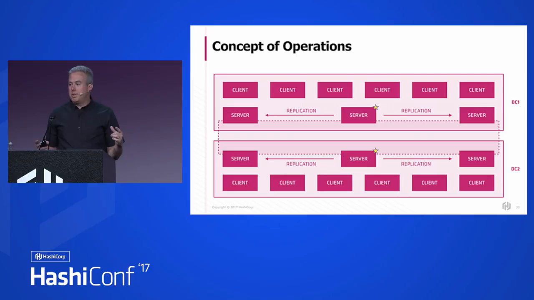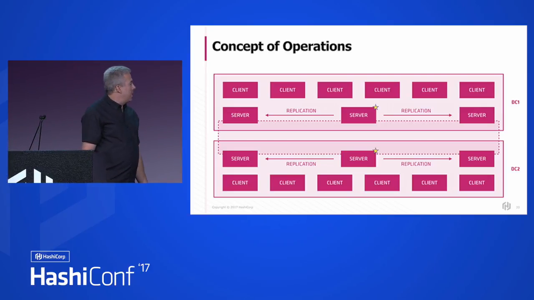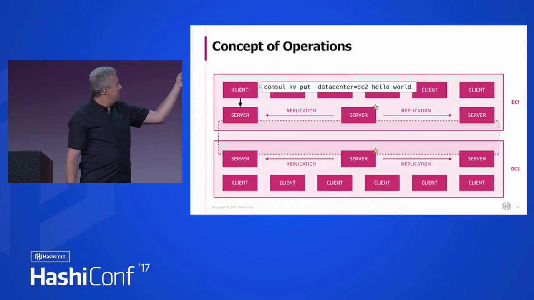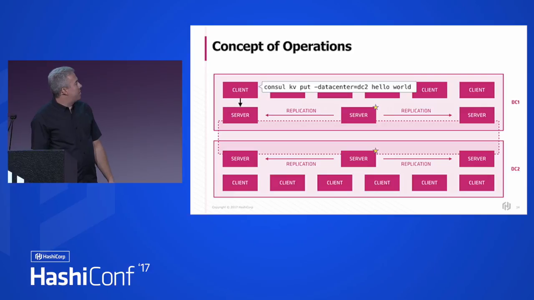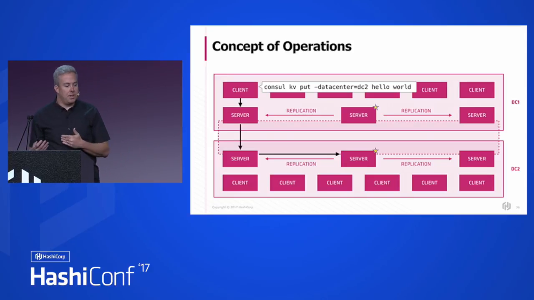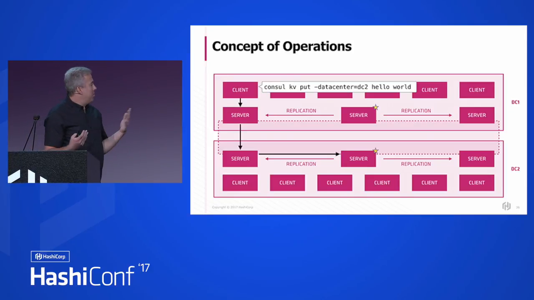So you create a relationship between the sets of Consul servers in the 2 data centers. And then once you've done that, a client can say, hey, put this key over on the servers in data center 2. And Consul, because the clusters are federated, knows how to route to some server over there. It knows how to send it to the leader. So now by making a simple relationship between your 2 sets of Consul servers, you can make requests between them.